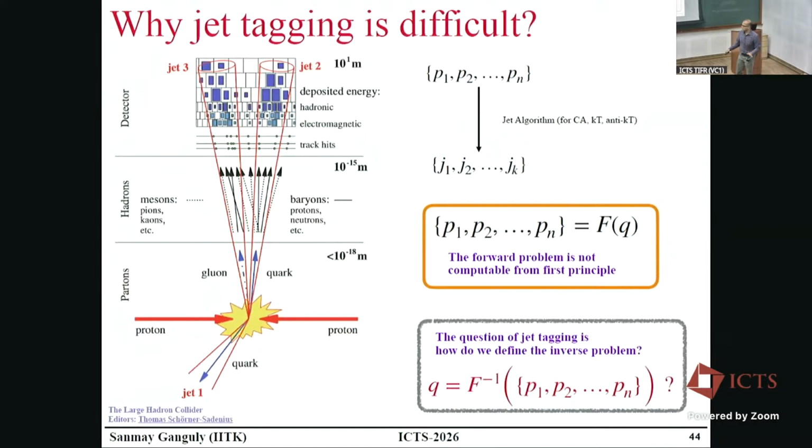We cannot solve it exactly. So what we are trying to solve is this: given some pattern Q that started, all the forward process happens, which is mapped by this function f, which we can't solve. And then we are asking the inverse question: I'm given a bunch of particles or some energy clusters, and I want to invert it.